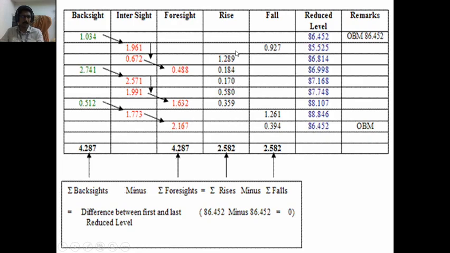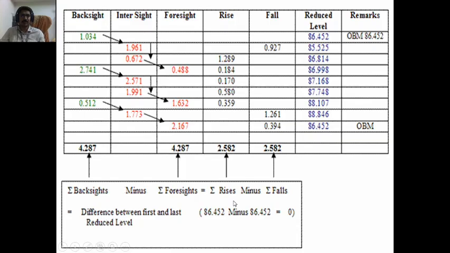Like that you add alternately until this. Here again it becomes fall, 88.107 minus 1.261. Here there is a printing mistake. You check the value, subtract and put the value, and for that value subtract it, you will obtain this, right? So here the sum of rise minus sum of fall is also determined. Here also it becomes the same, right?